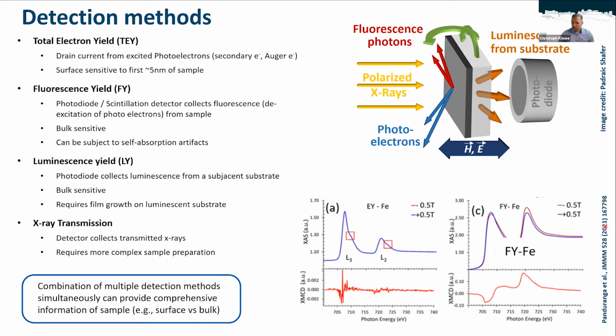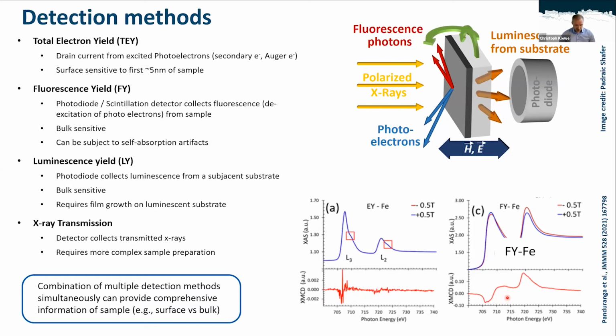That was done here in this experiment, where we looked at the electron yield at the iron edge from a material, and we looked at the fluorescence yield at the iron edge. And as you can clearly see here in the absorption spectra, we see quite pronounced differences, and we also clearly see quite pronounced differences in the XMCD signal. And this points towards oxidation at the surface of the sample with low magnetization, but a strong magnetic effect in the bulk of the sample.